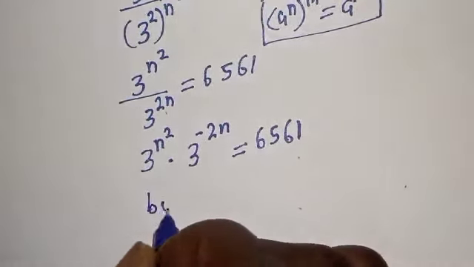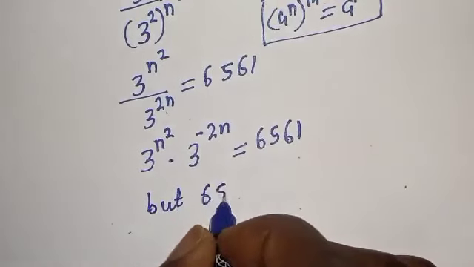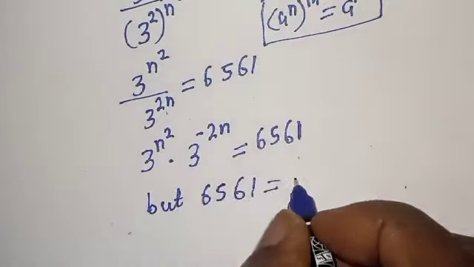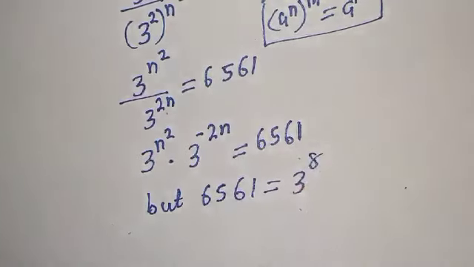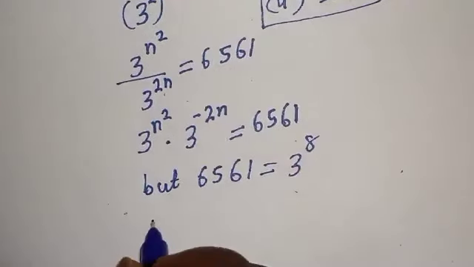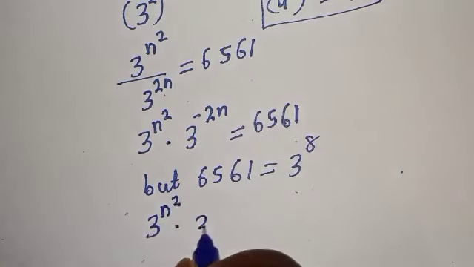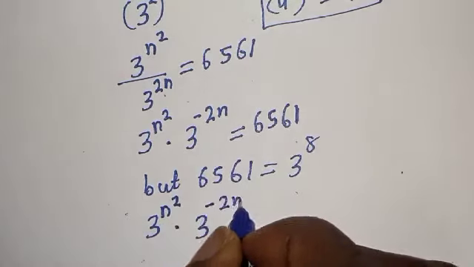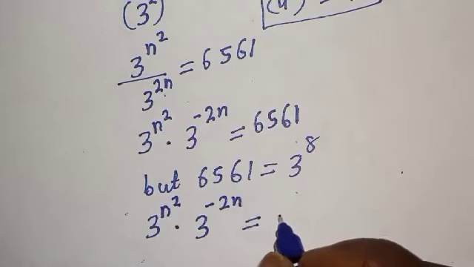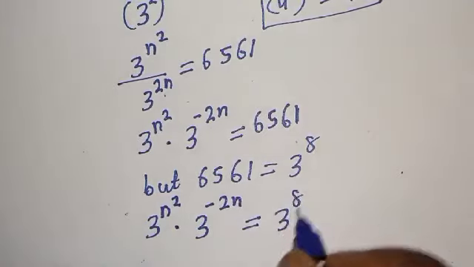But 6,561 is equal to 3 raised to power 8. So we have 3 raised to power n squared multiplied by 3 raised to power minus 2n is equal to 3 raised to power 8.